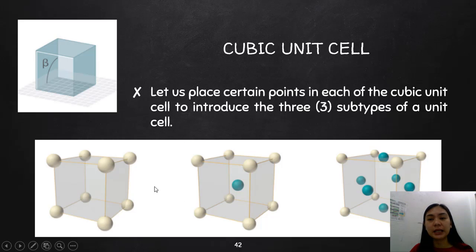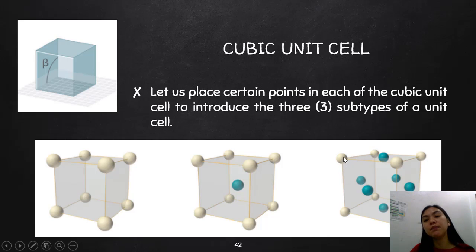And we also have the second type of your cubic unit cell. So aside from the 8 atoms strategically placed in the corners of the cube, meron kang isa pang atom doon sa gitna. And the third type is what we call your face-centered cubic unit cell.